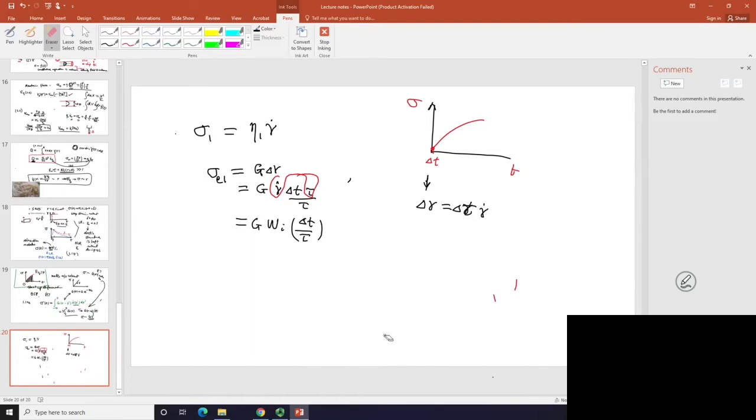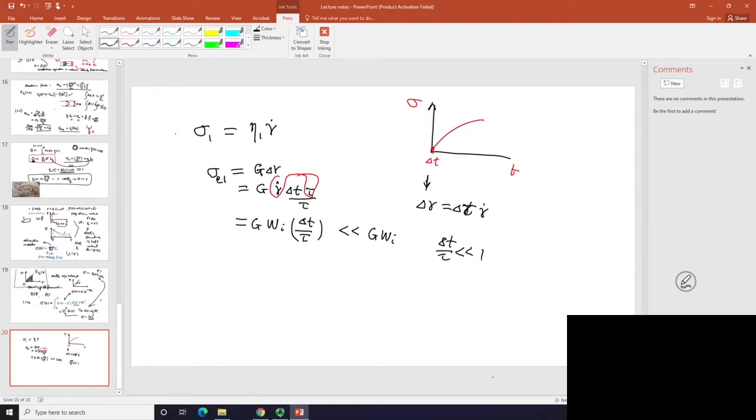The Weissenberg number can be anything, can be 1, can be 10. We don't specify it here. But this thing will be much smaller than G Wi because delta t is chosen to be much smaller than tau.